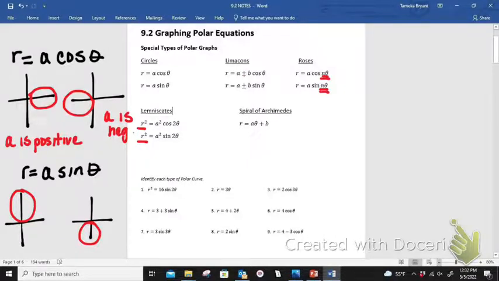Does it say polars? It says review. Yeah, it's all of the notes. It's all in there.